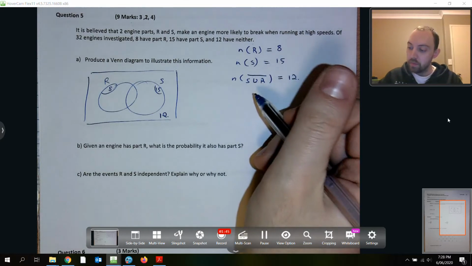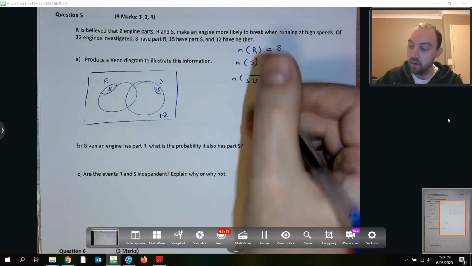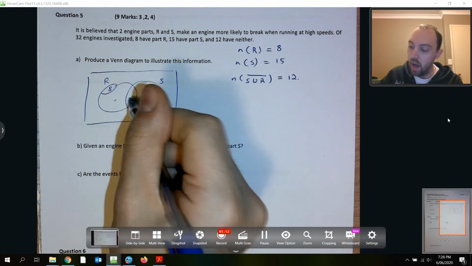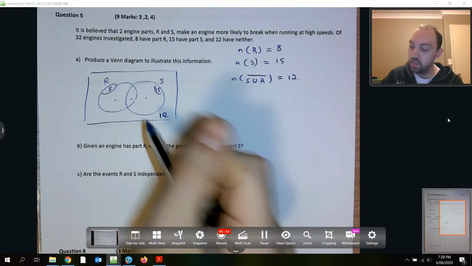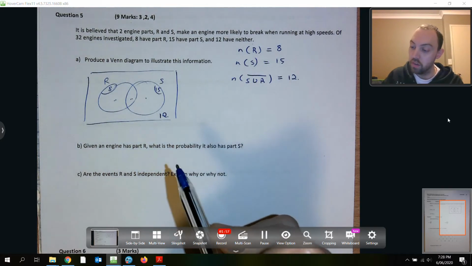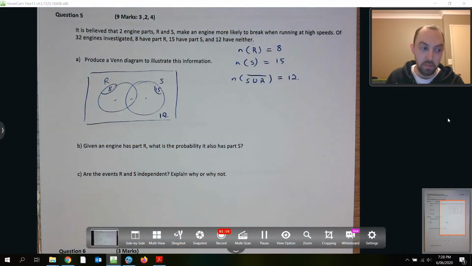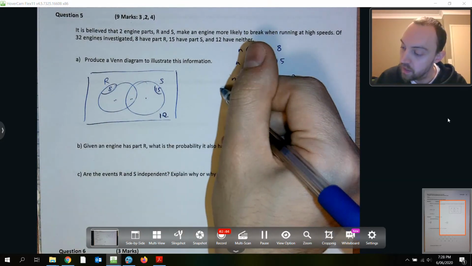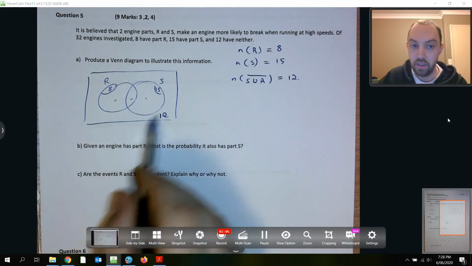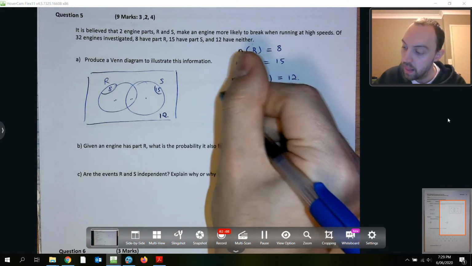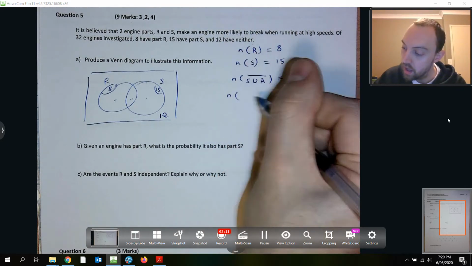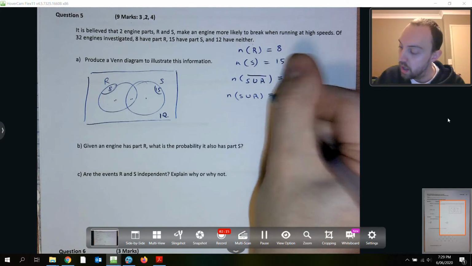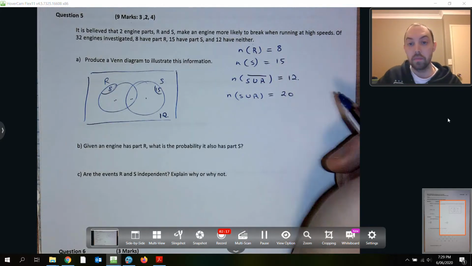And I also know that there is 12 that is not in either of them. Well, in terms of the Venn diagram, I need to know how much is in R, S, and R and S, in each one of those 3 spots. Okay, it's going to help me a little bit later on. So what I'm going to do is figure out, well, if there's 12 outside here, then the number in S union R has to be 20.